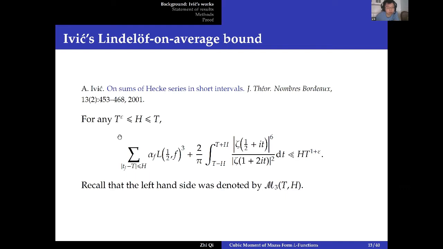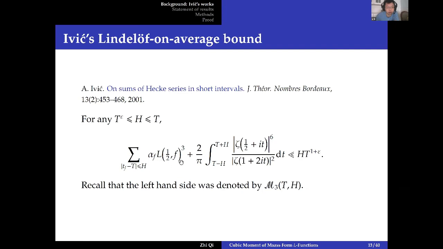So in this case, we can still consider this M3 on the short interval TH. Okay, this is the short interval case, and he proved the upper bound H times T to the 1 plus epsilon. This is indeed a Lindelof-on-average bound.